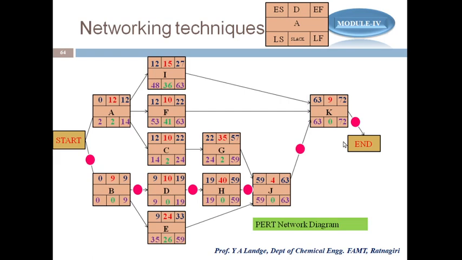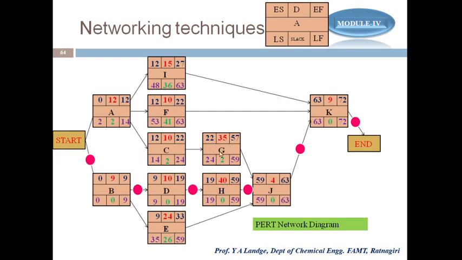Now why do we say this is a critical path? Because these are the activities we have to monitor and control properly, since if there is a delay in these activities, there will be a chance of delaying the project. For example, activity J depends on G, H and E. I have to focus more on H because J can start only when H is finished.